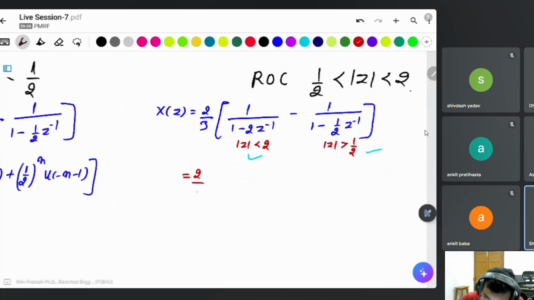Then this will be 2 by 3 times: for the less-than case, negative 2 to the power n u of (minus n minus 1); minus for the greater-than formula, half to the power n u[n].